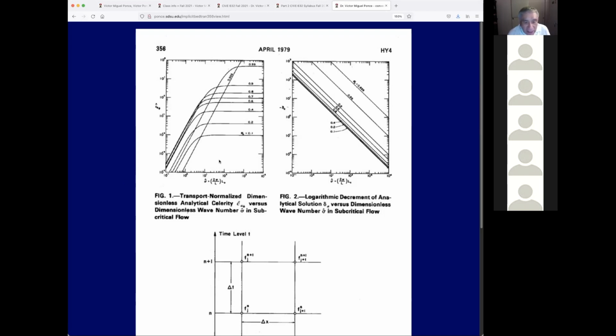Okay? But if the wave is small, meaning L is small, therefore sigma hat is large, then it gets into a constant with the Froude number, which, by the way, had been already demonstrated by previous researchers.